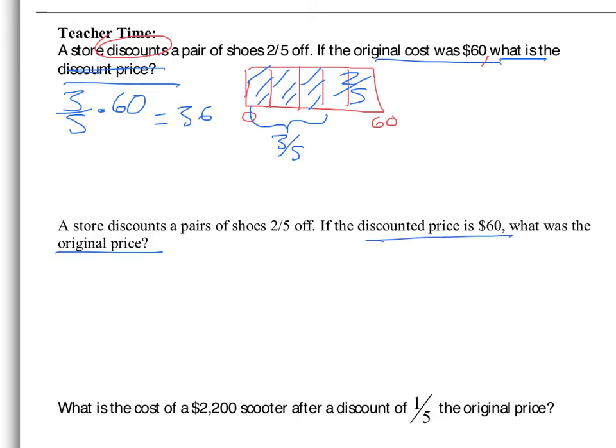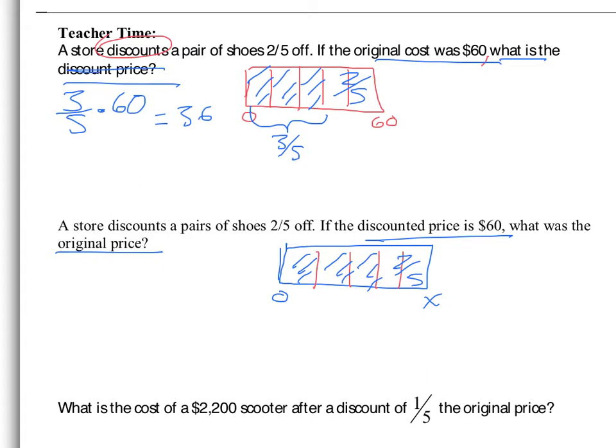So when we think about how we set that up, our setup's going to be a little bit different here. This tells us that we don't know the original price. We don't know what the whole thing was before there was some sort of discount. Now the rest of it's going to set up the same. I still took 2/5 off whatever this price was and was remaining with 3/5 of it.